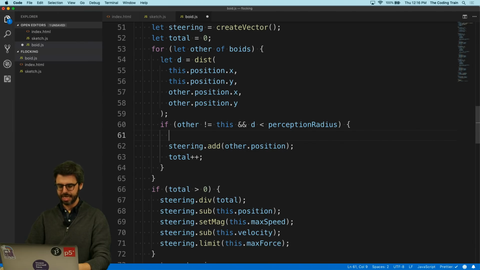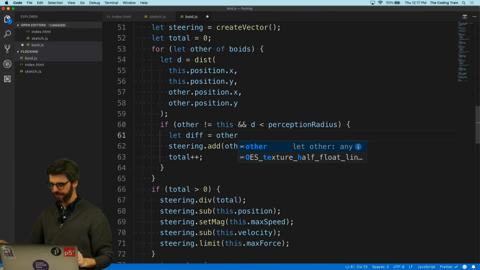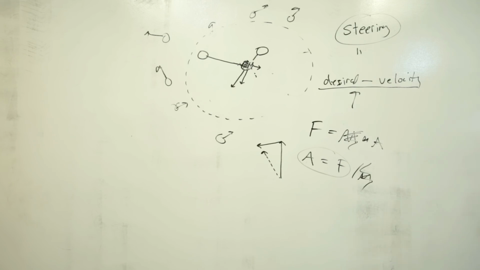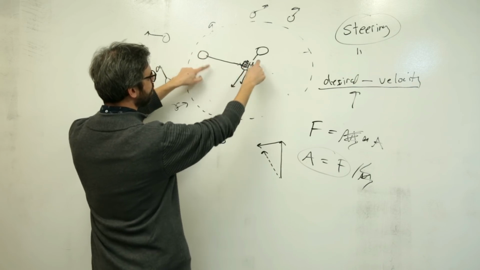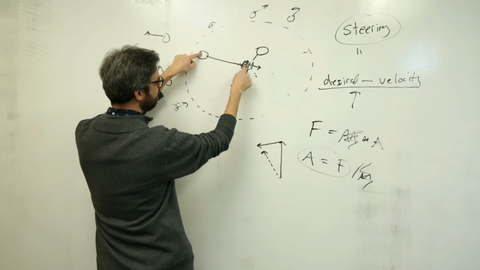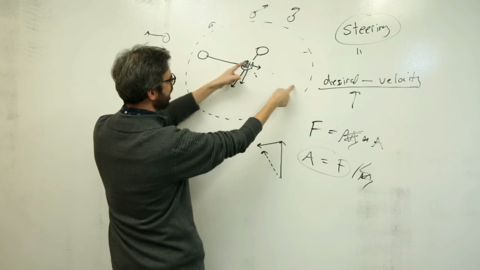I need a vector, I'm going to call it difference, which is the others. I want a vector that points from the other to me, because I want that to go in the opposite direction.